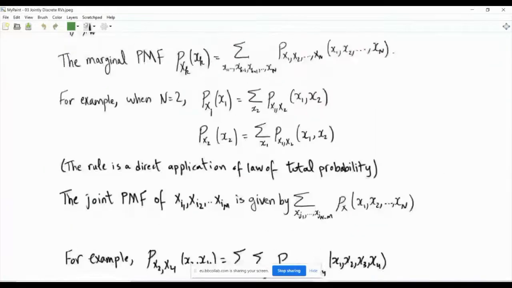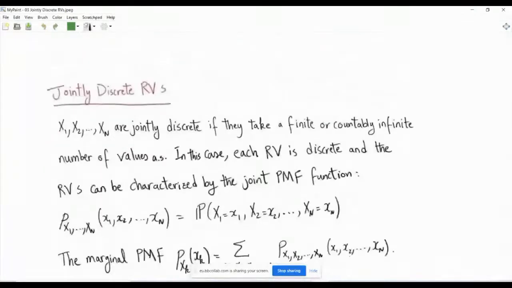Now, if we have a bunch of random variables inside the random vector, then each one of those random variables may be of a certain type, and so on. Typically, we'll be interested in cases like this first case, in which every random variable is discrete, which means that every one takes on finitely or countably infinitely many values almost surely.